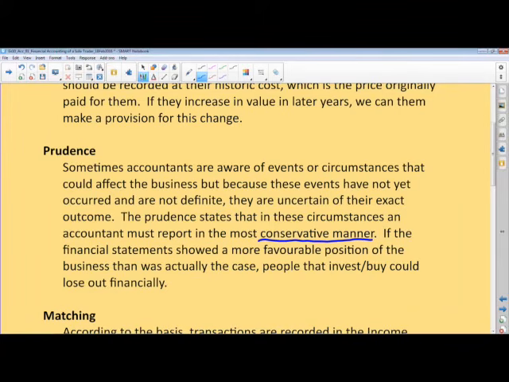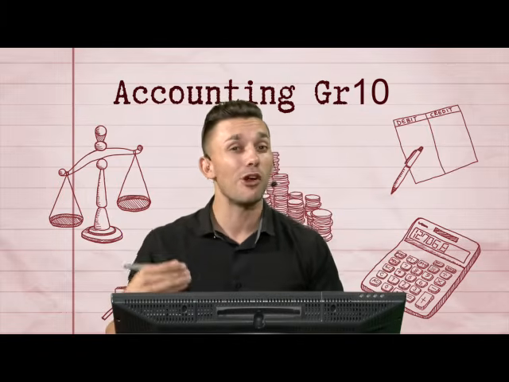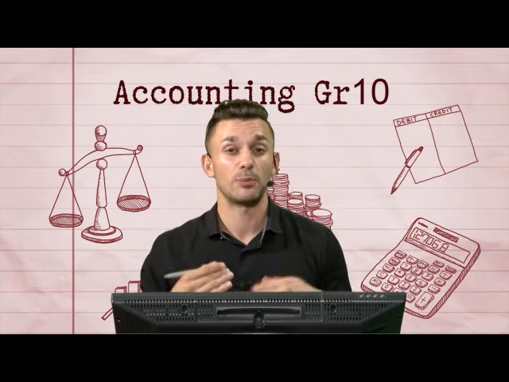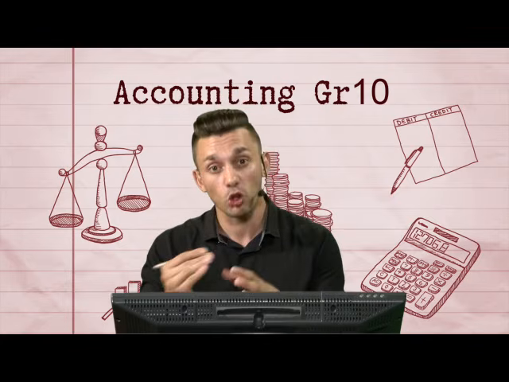If the financial statement showed a more favorable position of the business than was actually the case, and this we don't want, people that invest or buy could lose out financially. So hopefully you understand what we read. Now, to put it in plain words, you need to be very pessimistic when you record transactions, especially at the financial year end. So prudence states that you need to be conservative.